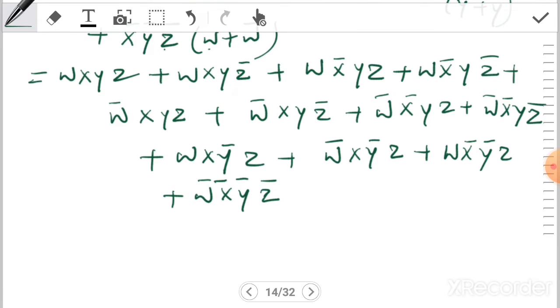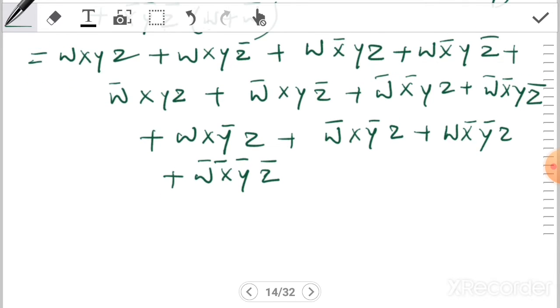So now, since we have already arranged, let's rearrange this as summation of minterms. This is 0, 0.